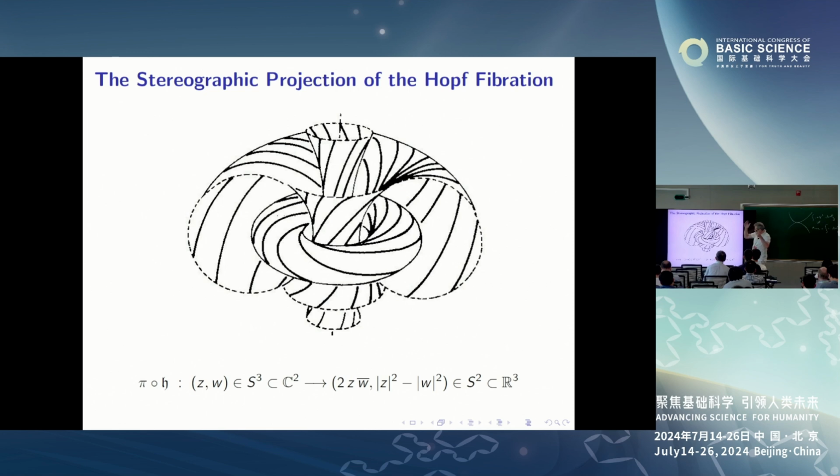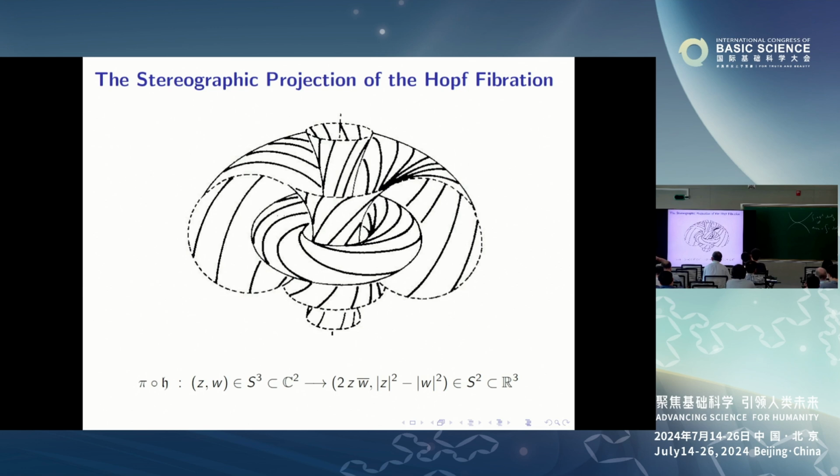In the domain, you do stereographic projection, so you see it as a map from R3 into S2. And these tori are just pre-images of horizontal circles in S2. The lines are pre-images of points. They are linked and so on and so forth. So it's a very beautiful object. And so this is a claim.